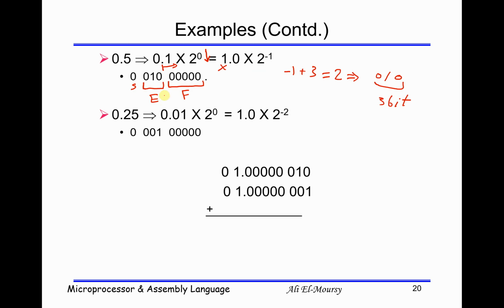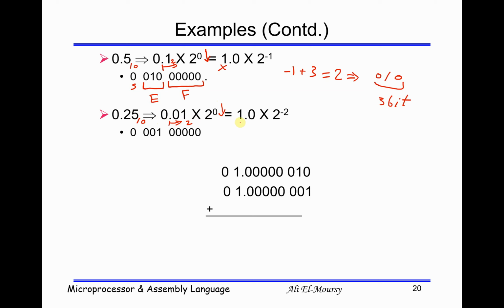Now we will do the same thing for the other number. Again, convert it from decimal to binary. So this is the number in decimal, here converted to binary. This is 0.01 in binary, and again I want to normalize, so I have to shift the binary point 2 places to the right, which means I have to lower the exponent by 2.